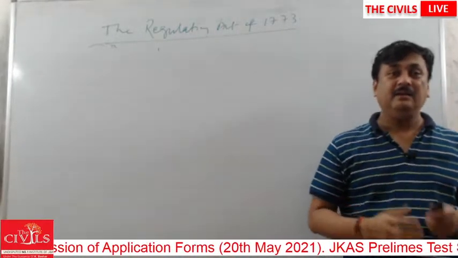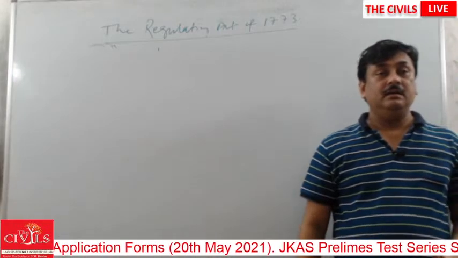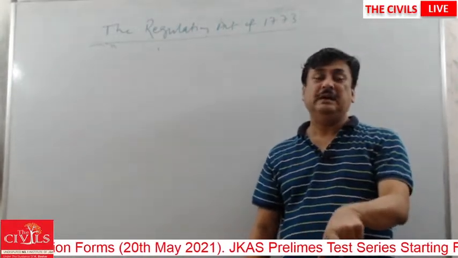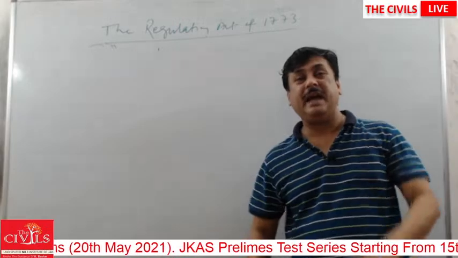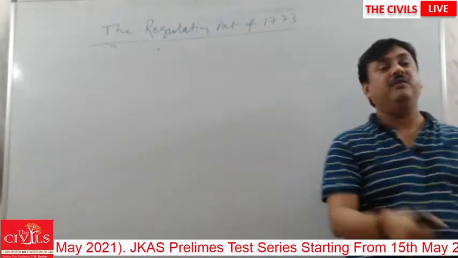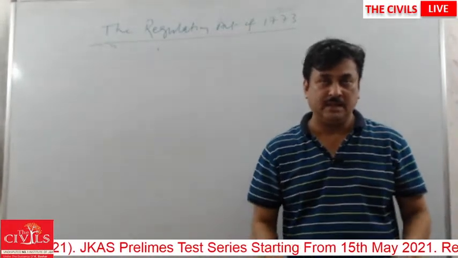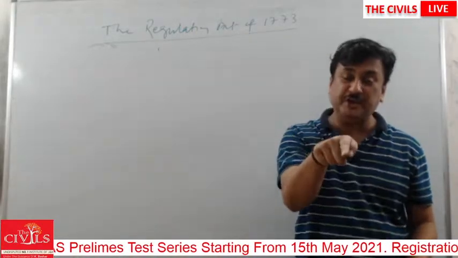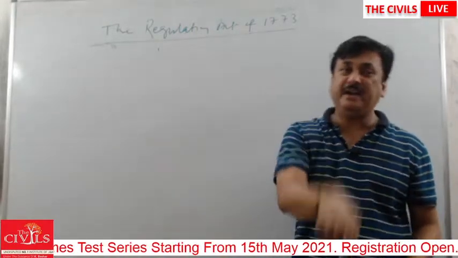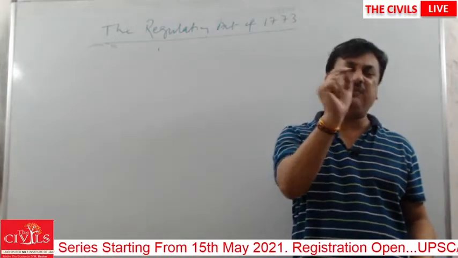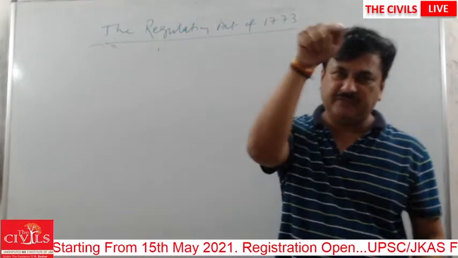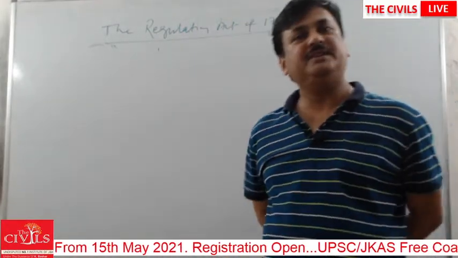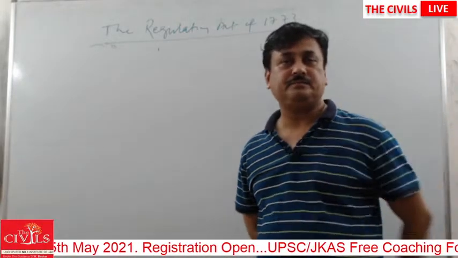And in 1772, the directors of the company approached North government for a loan. This was the opportunity for North government to interfere in the matter of East India Company in India.